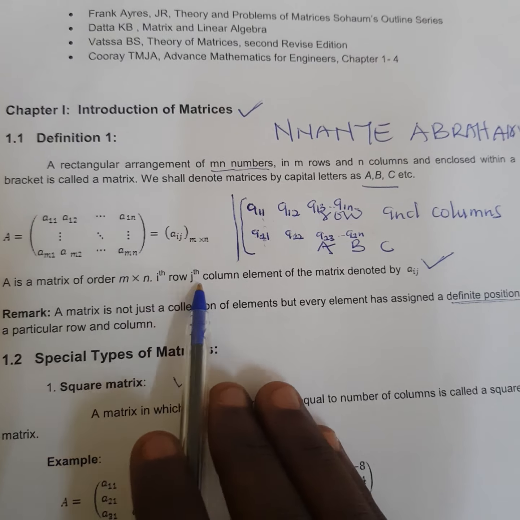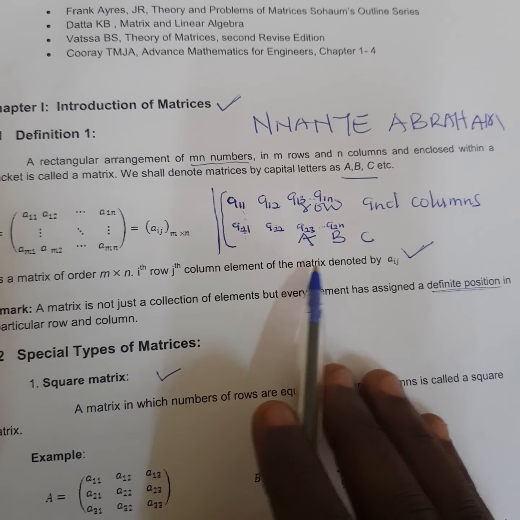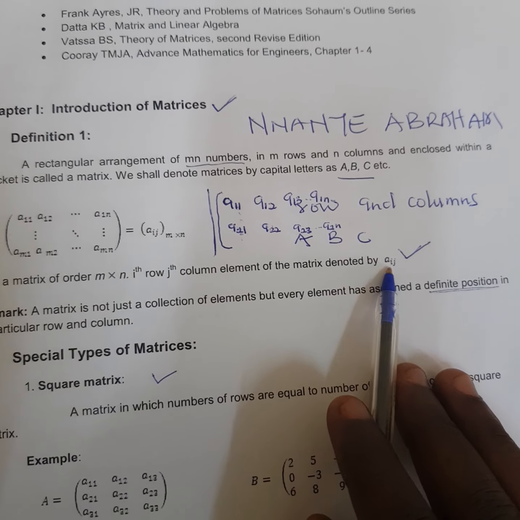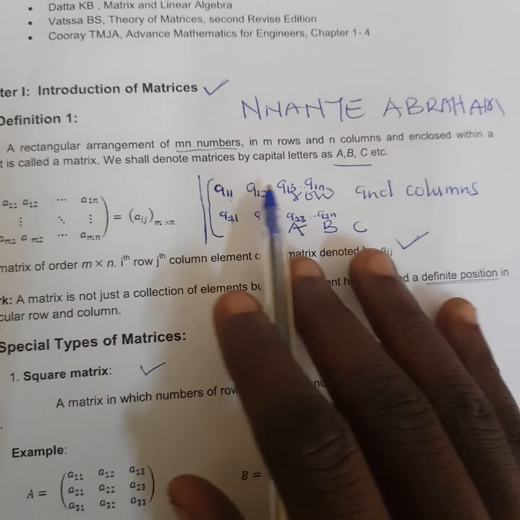So they said A is a matrix of order m by n, and the element in the ith row and jth column of the matrix is denoted by Aij. This is just the same as what I was explaining.